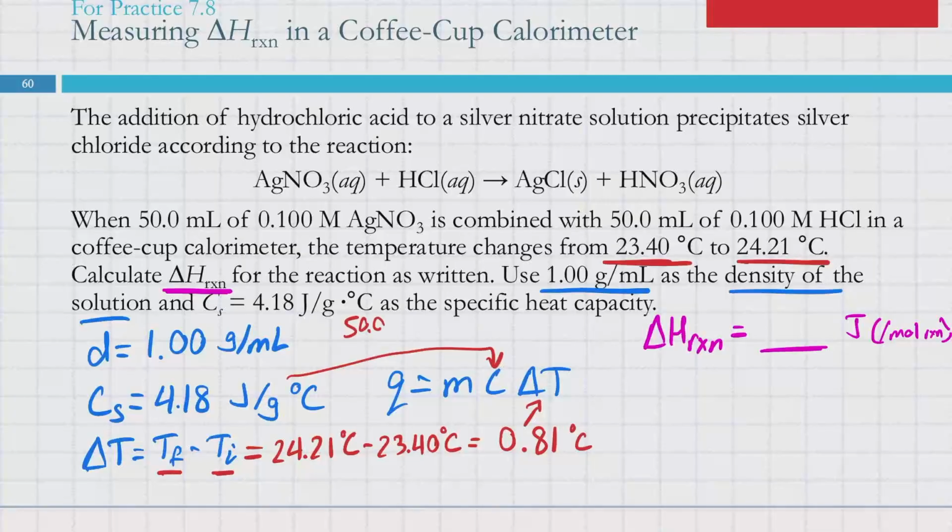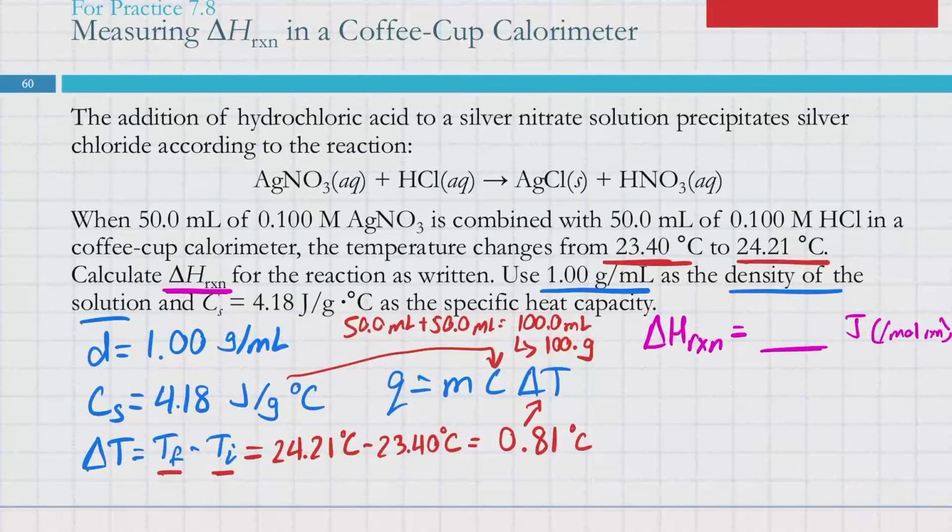It's not going to be exactly 100 milliliters because of the way that volumes add, it might be slightly different. But we're just going to assume that it's exactly additive. So we've got 100 milliliters of solution. If 1 gram is equal to 1 milliliter, then 100 milliliters turns into 100 grams.